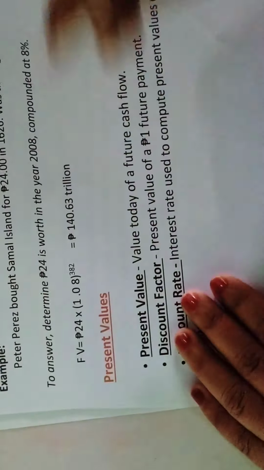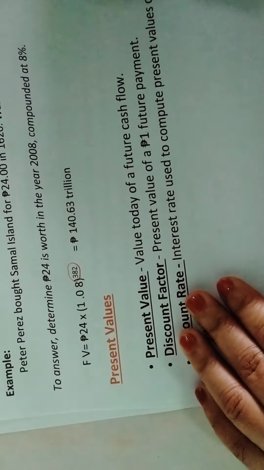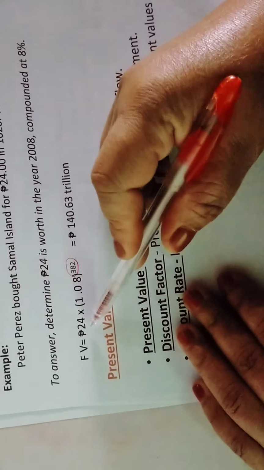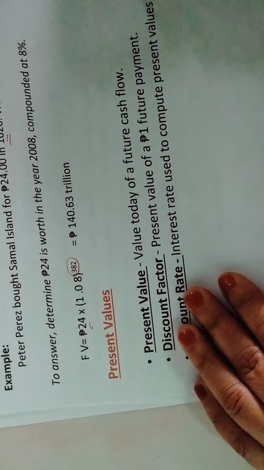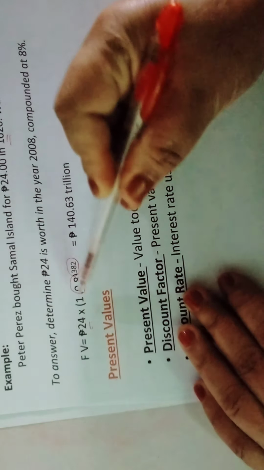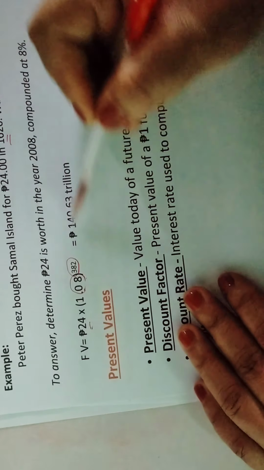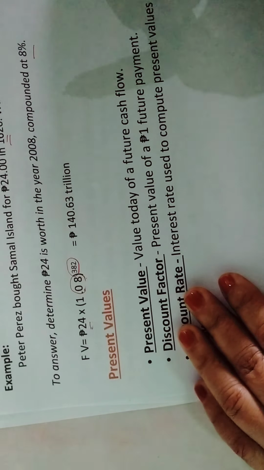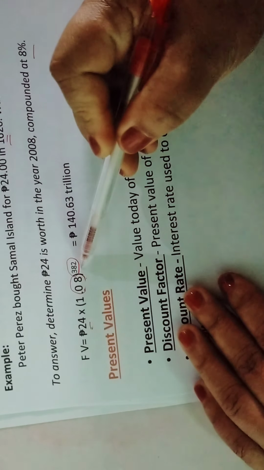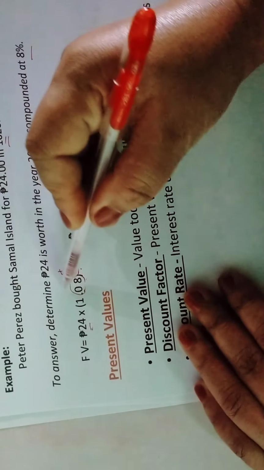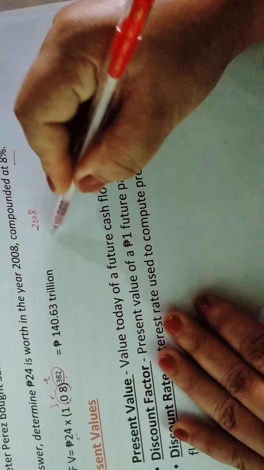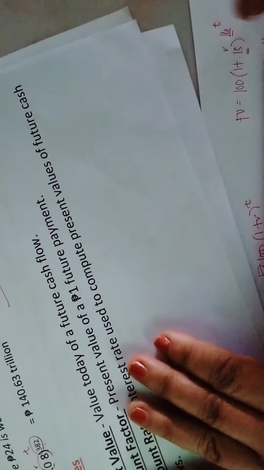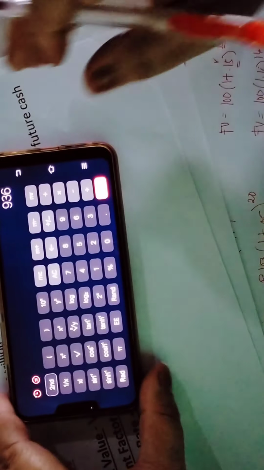Where does the 382 come from? The 24 is the money he paid for Samal Island in 1626. And then 1 plus 0.08 is 1.08, which is the 8% compounded. T is the time, and this is the interest rate, r. Where did we get it? 2008 minus 1626.